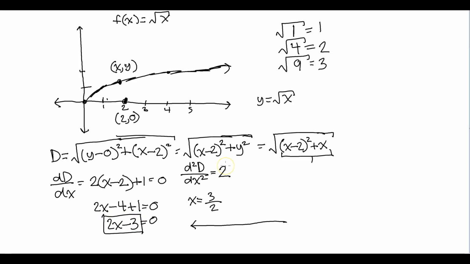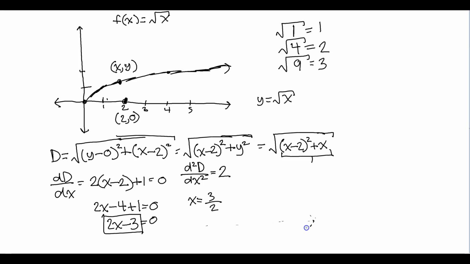Taking the derivative of that will get you 2. So that means it's always concave up. So x equals 3 over 2 is a minimum value. Okay, second derivative test. So we didn't actually need the number line. Okay, we just need to find d squared d over dx squared. Okay, so bye-bye number line.